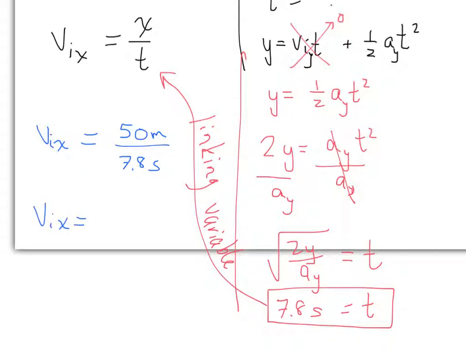So we can determine the velocity he needed to do that by dividing those two quantities. 50 over 7.8 gives us 6.4 meters per second. So again, if an object had just fallen, that's how long it would have taken. But he was running horizontally. It still takes that long, but in that time, he was able to cover 50 meters outward.